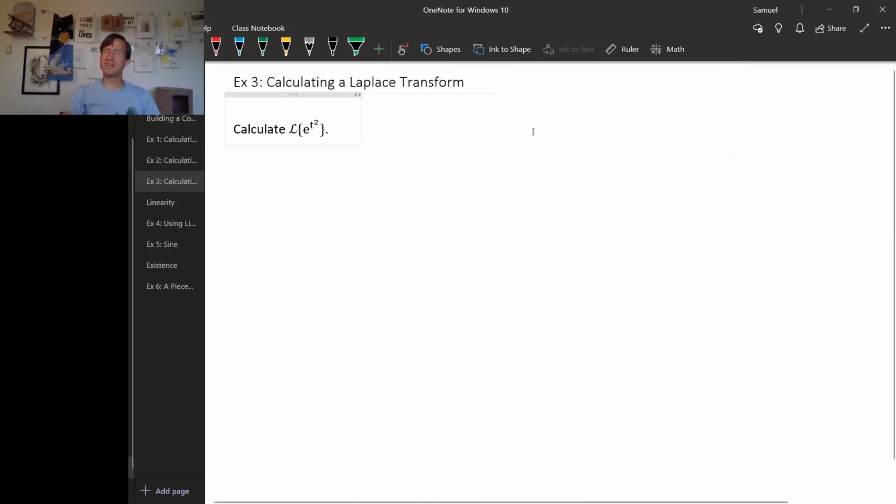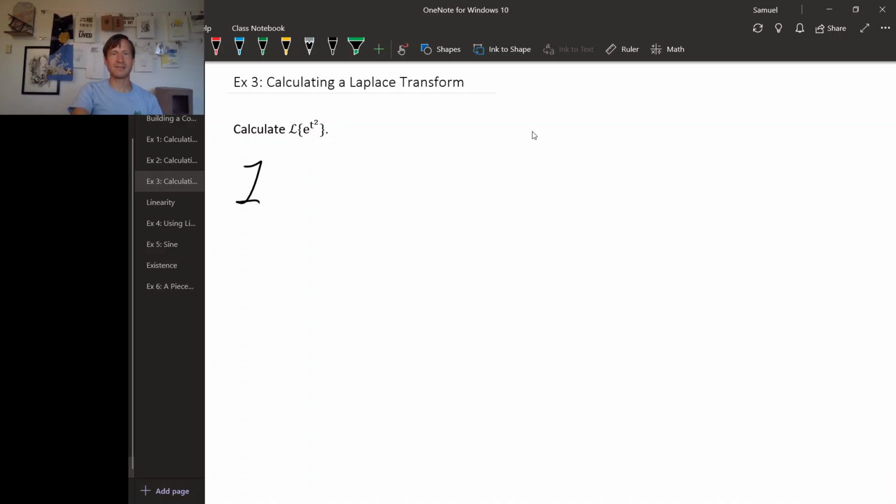As usual, pause the video and try to work this one out for yourself. Okay, so the Laplace transform of e to the t squared is the integral from 0 to infinity of e to the minus st times e to the t squared dt.